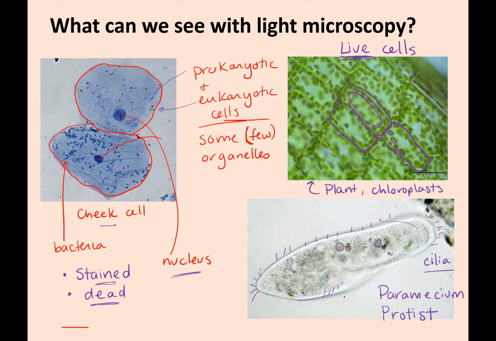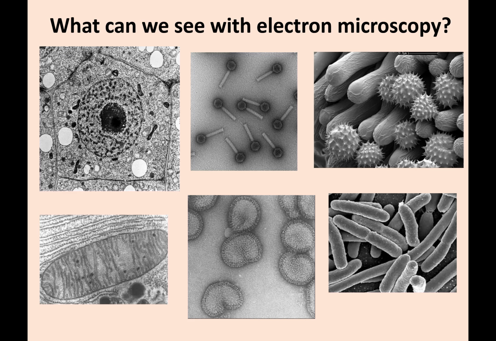It makes it hard to distinguish the different parts of it. So you can see some, but very few organelles you can actually make out. With an electron microscope, remember I told you, you can see much more detail.